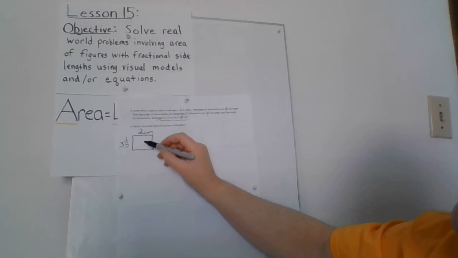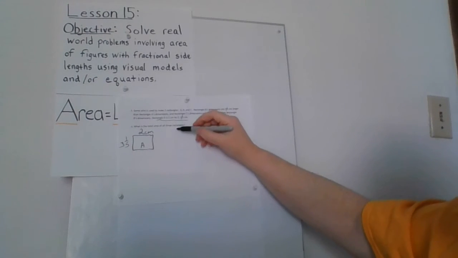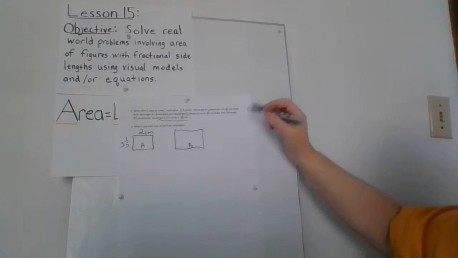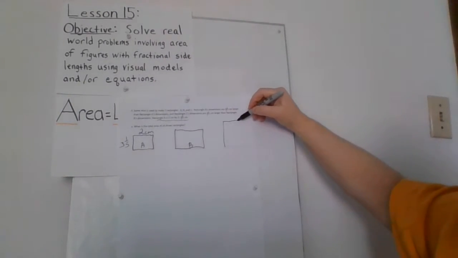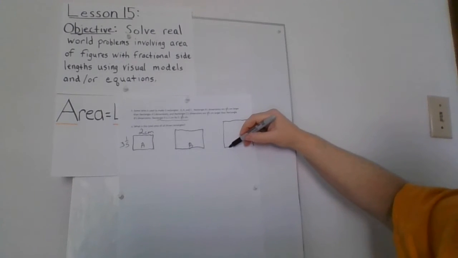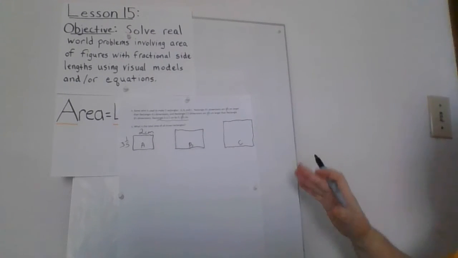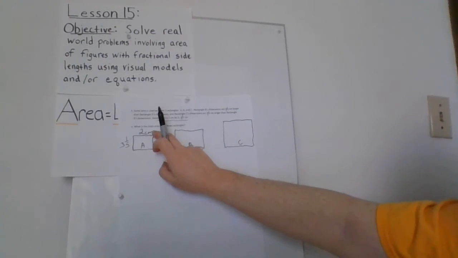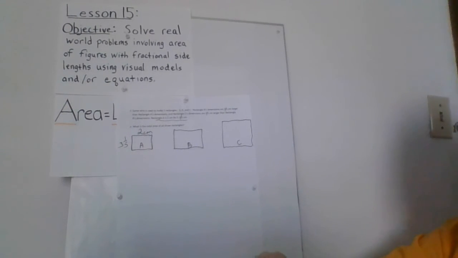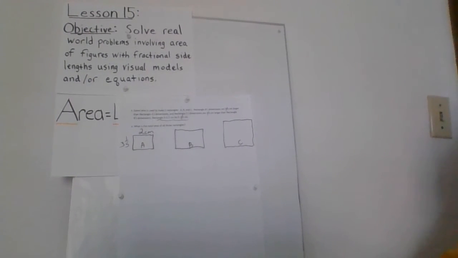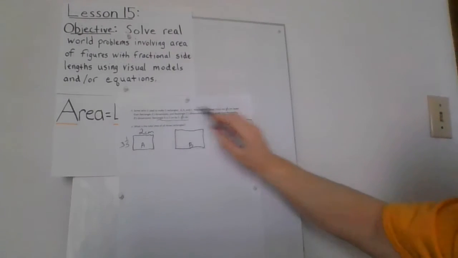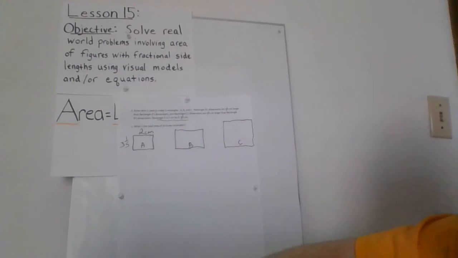We have rectangle A, rectangle B, and rectangle C. Now the only information, remember, that they gave us is that rectangle A is 2 centimeters by 3.5 centimeters. But we can find the others because it said that in order to find rectangle B, the dimensions are 3/5 larger than A.